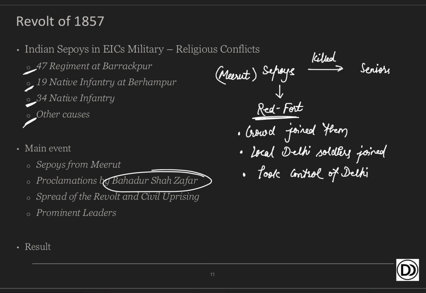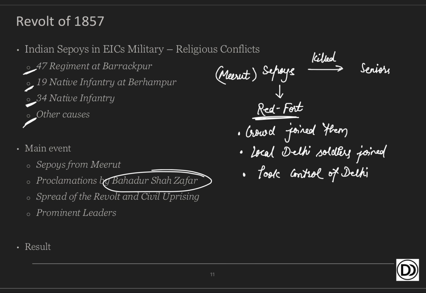And you can see that the local Delhi soldiers were recruited under the East India Company. Their superiors were Europeans, which is why they killed these European officers and took control of the city, and joined the sepoys from Meerut. So Bahadur Shah Zafar was weak and powerless.